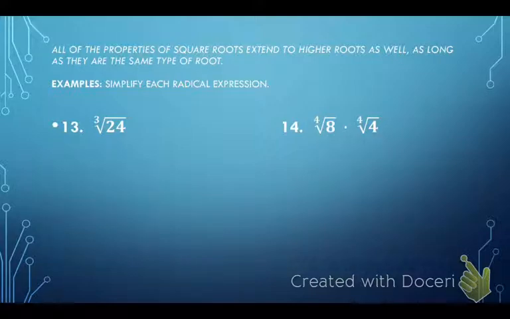Same way whenever we have radicals that aren't perfect squares. They're cubes, they're fourth roots, things like that. Again, it's really up to you what you want to do as far as simplifying it. I'm looking for values, in this case like on 13, that are perfect cubes.